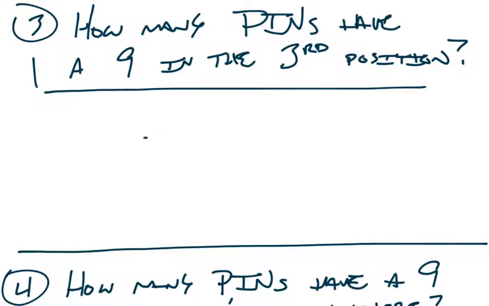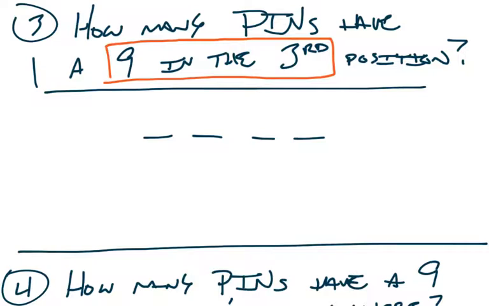Okay, so attack it the same way. We've got 4 decisions that need to be made for our pin, and we know something very specific, that there is a 9 in the third position. All right, so one of our decisions is already set in stone, okay?